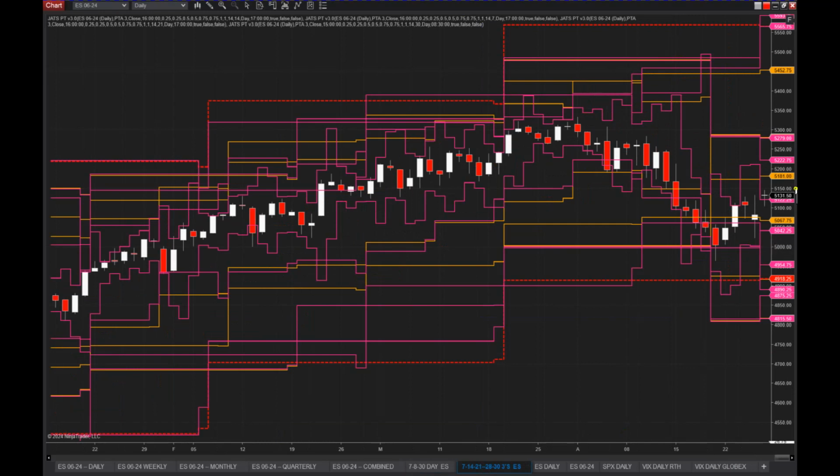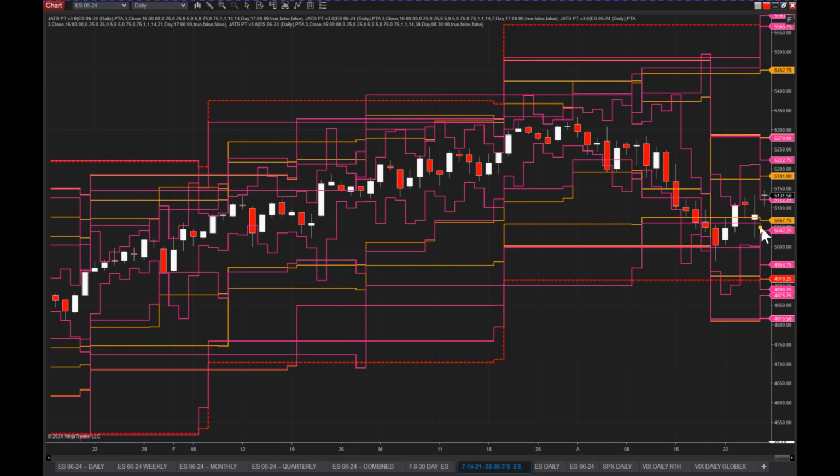And here is some fast threes, pink and orange. Pink are really fast. Orange are your 14 period threes, but using that term structure 7, 14, 21, 28, and 30. And this sort of hopefully will help you see visually that you're right in the middle of these oranges, the 5280 and the 5067, 5042.